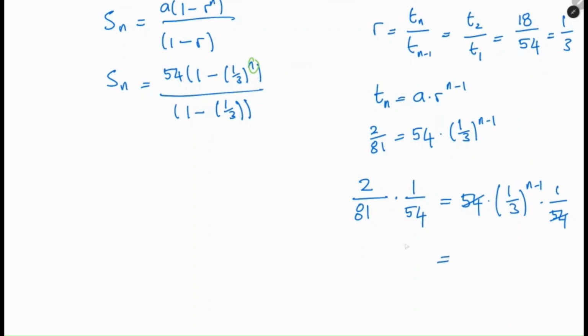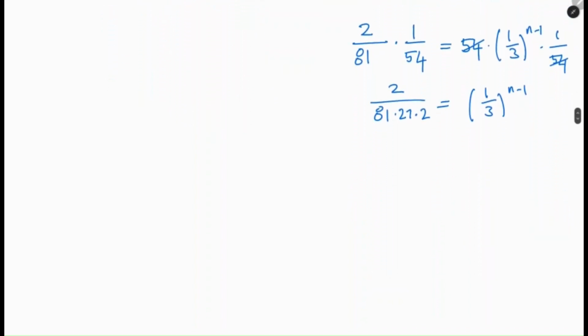Then I've got 2 over 81 on this side. Now I'm going to rewrite 54 as 27 multiplied by 2. On the right hand side, I'm just going to have a third to the power of n minus 1. So this factor of 2 will cancel with that factor of 2. So I've got here 1 over 81 times 27, and that's equal to 1 over 3 to the power of n minus 1.